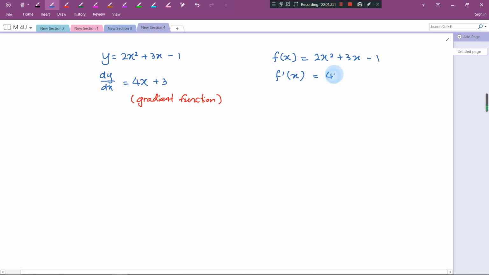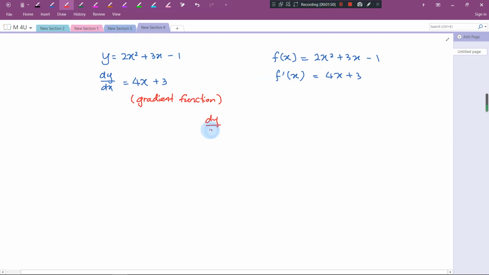So the same, 4x plus 3. So this is how we differentiate y with respect to x. So what can we know from the value of dy by dx, or from the value of the first derivative? These two are the first derivative, we just represent it in a different way.